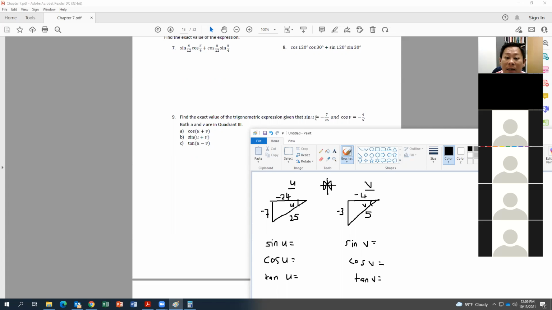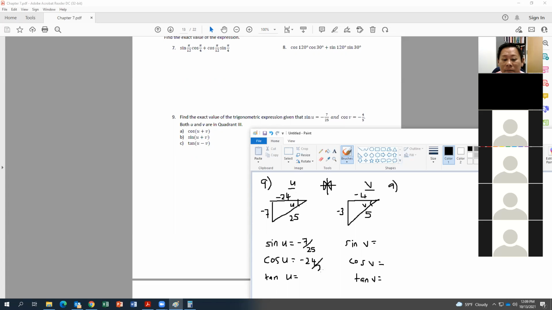Now with these two triangles that we have, find the sine, cosine, tangent for u. Sine u we already know, because it's given to us, is -7/25. Can someone tell me what is cosine u and tangent u on this triangle? Is it negative 24 over 25?